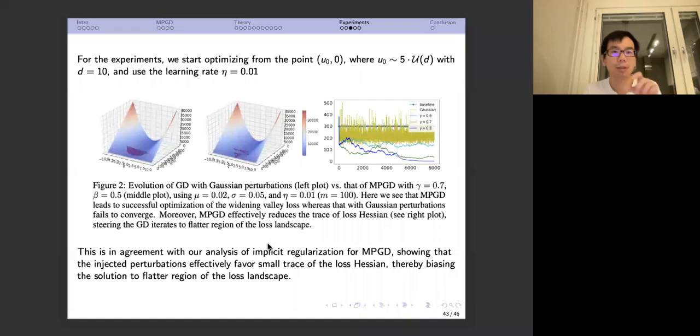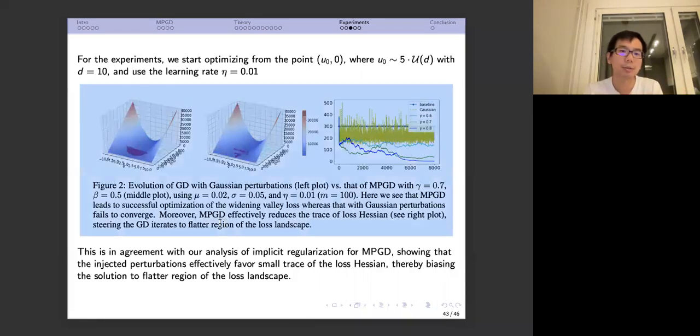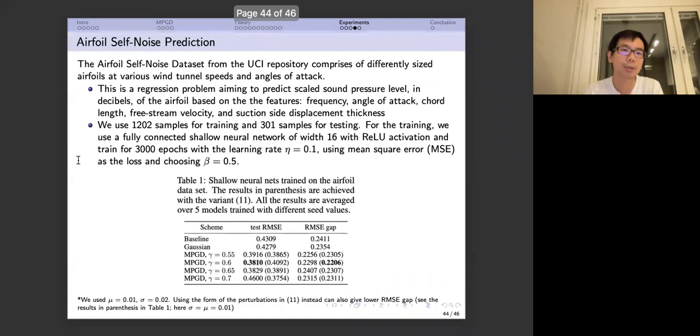This is one of the experiments. We also test MPGD on 2 other tasks. This is a regression task, and we saw that MPGD also gave better generalization performance compared to the baseline of full batch GD, and compared with GD using Gaussian perturbation instead.